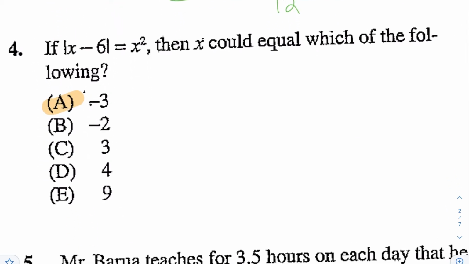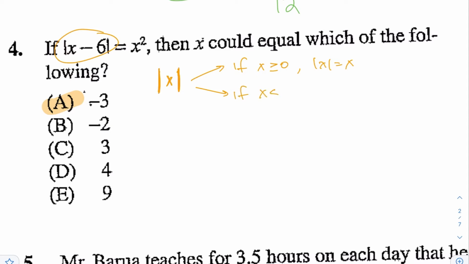Next, for number 4, if the absolute value of x minus 6 is equal to x squared, then x could be equal to which of the following? So here you have this absolute value, and if you have this absolute value, it could actually mean 2 things. If the stuff inside is positive or equal to 0, then the absolute value of x is just equal to x.